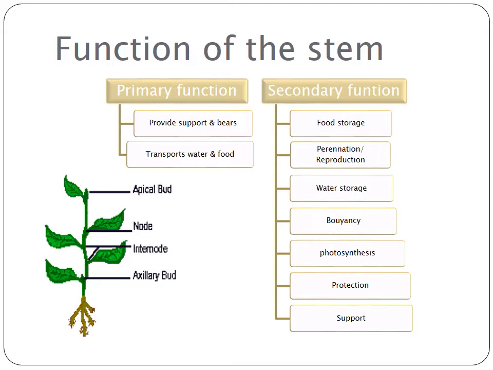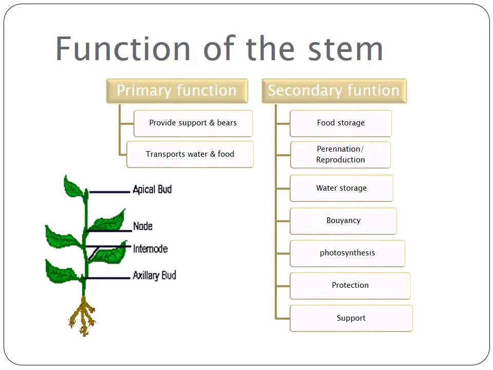Don't get confused. The root absorbs the water and food from the soil. After that, the water and nutrition are transferred with the help of the stem. So first of all the stem provides support and bears, then transfers the water and food. These two things are the primary function of the stem.